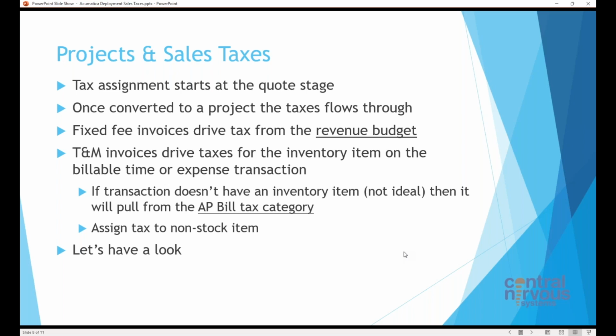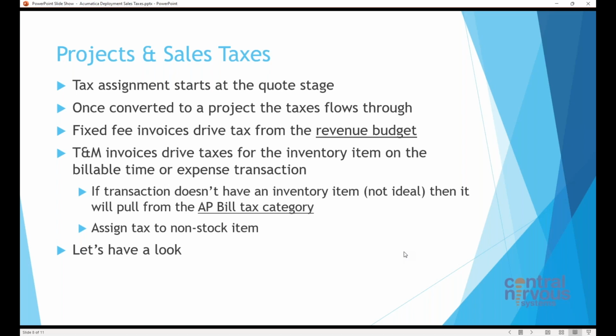T&M invoices, or time and material invoices, drive taxes from the inventory item on the billable time or expense transaction. If the transaction doesn't have an inventory item, then it will pull from the AP bill tax category. And you'll see that that's not ideal. So we want to assign tax to non-stock items.